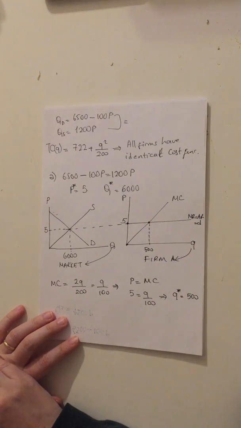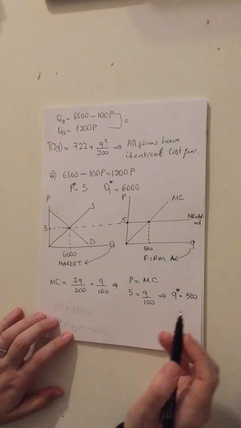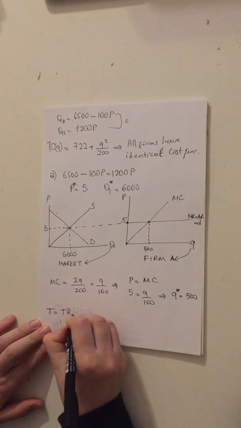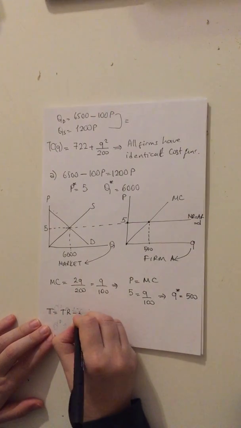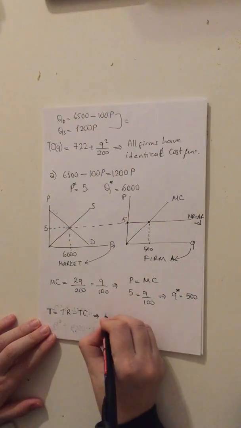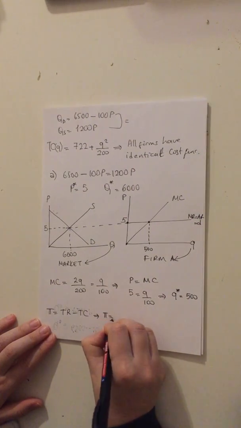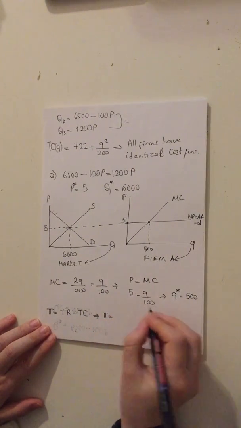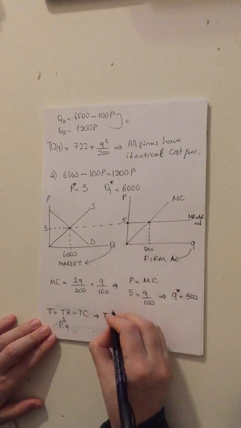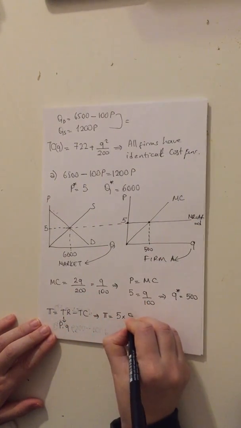It is also asked the profit of each firm. For profit, you know that we will just find the difference between total revenue and total cost. So the total revenue, P times Q. Price is 5, we have already found that.